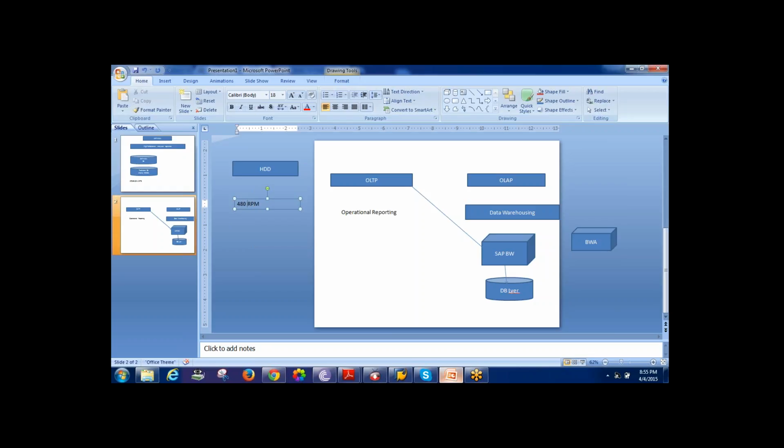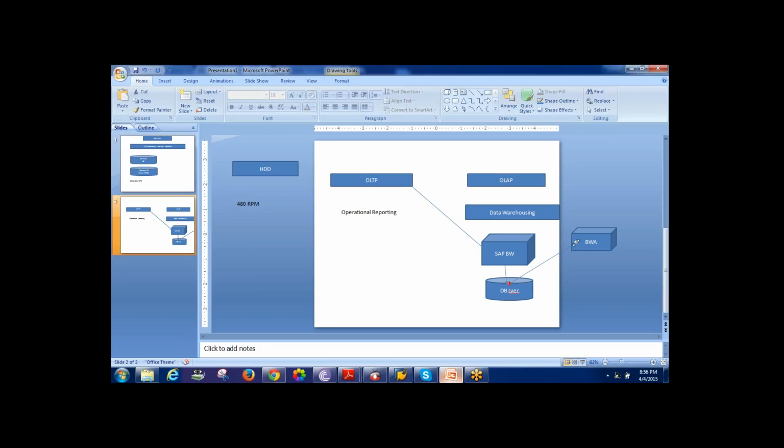But the limitation with this was that whenever data was loaded from the source system, I first still had to load it into the database, a traditional database, and then copy the data into the memory system.